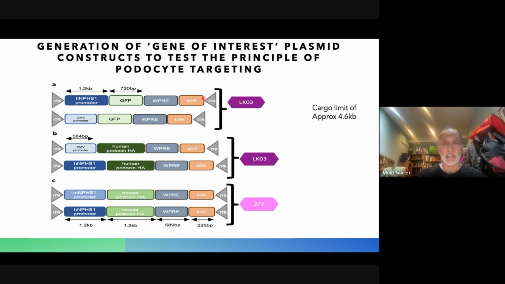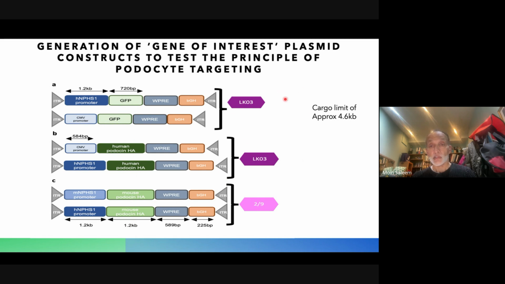These are various cassettes that help with translation of RNA into protein, and then you can put your genetic cargo of interest. So either we've used a green fluorescent protein, so that glows green, so you can see in the cell whether you've got your protein expressed, or you put the actual gene that you're interested in. So podocin is what we've used, or mouse podocin in some of the mouse experiments.